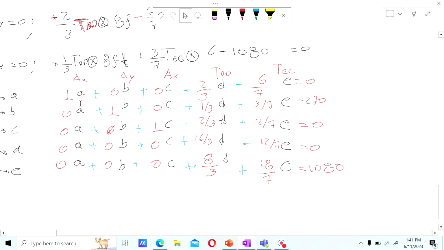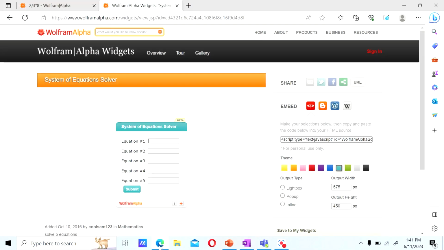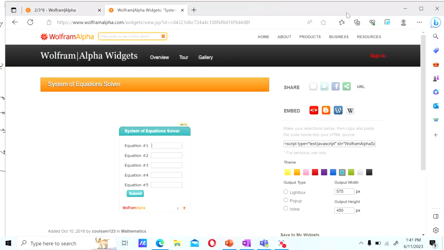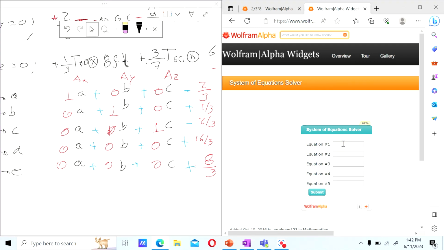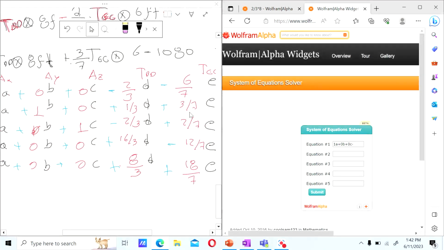So let's go ahead and do number 1. 1A plus 0B plus 0C minus 2 divided by 3 times D minus 6 divided by 7 times E equals 0. Let's copy this and just change the coefficients.